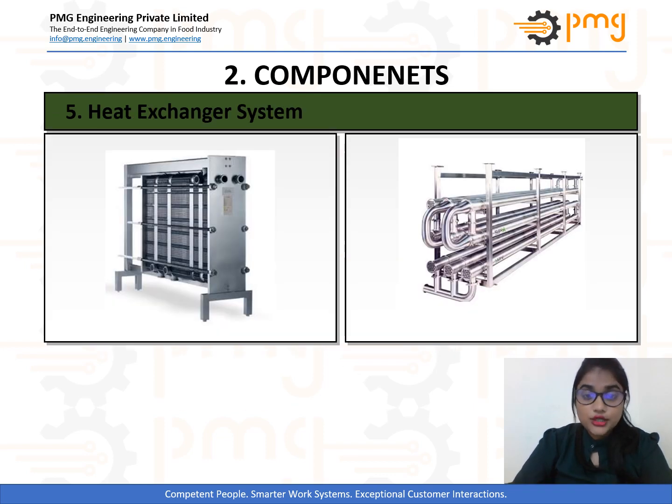Then the next component of the HTST system is the heat exchanger system, which comprises 4 sections: regeneration, heating, holding and cooling section. Generally, in food industries, 2 types of heat exchangers are commonly used, which are as follows. Number 1 is plate heat exchangers and number 2 is tubular heat exchangers.